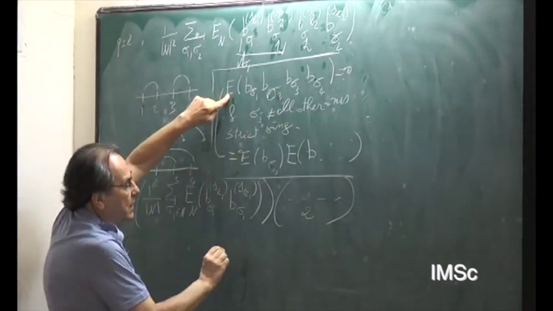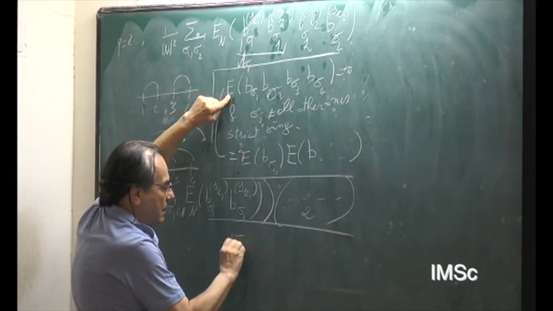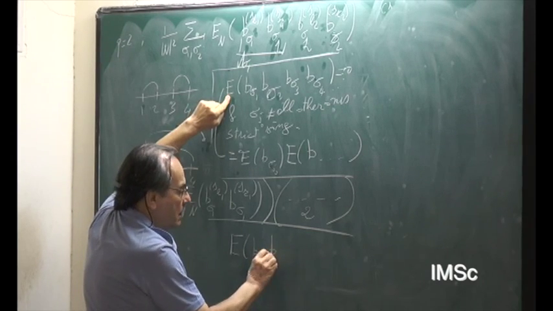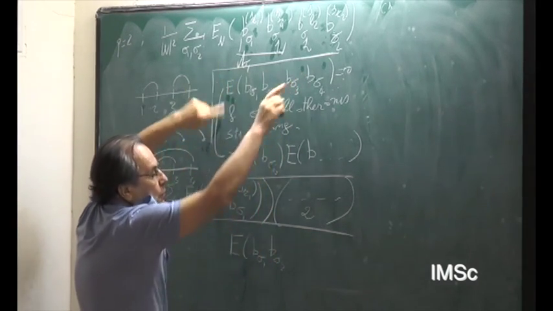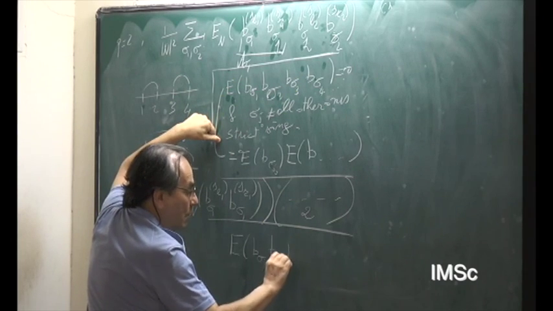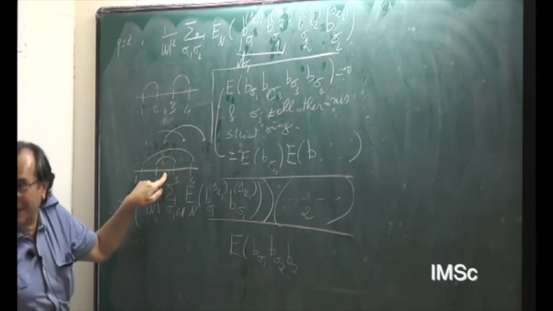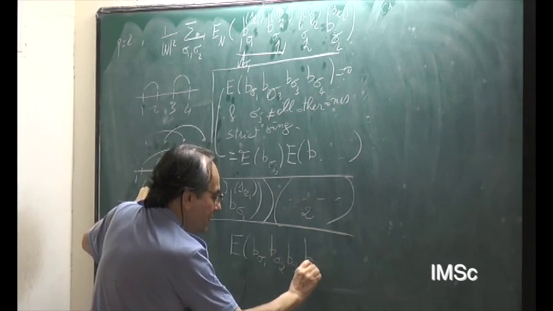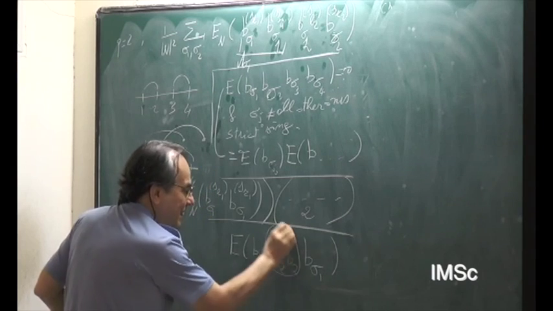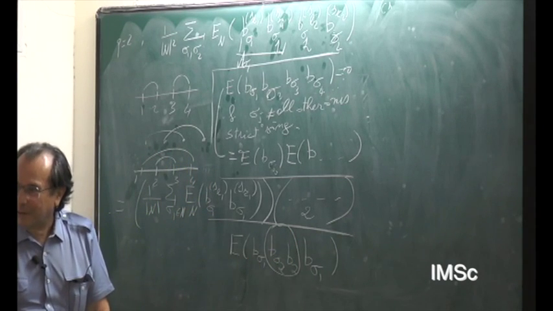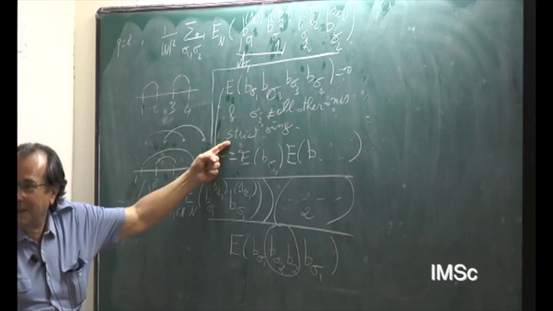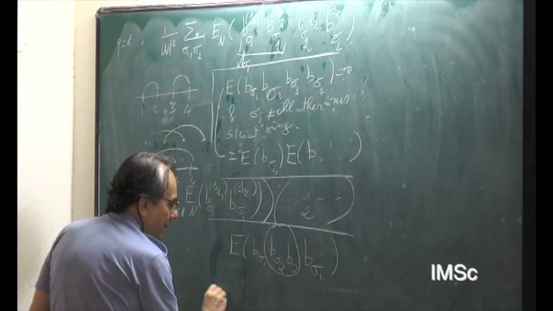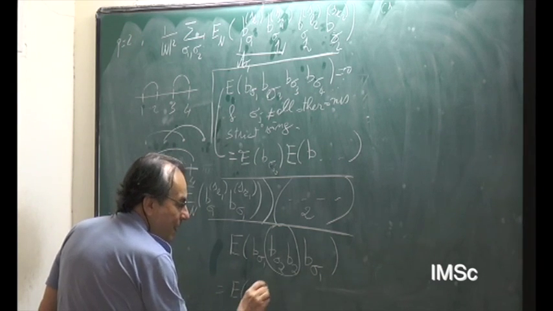This product will be like this: E, B sigma 1, B sigma 2, I omit the superscript, B sigma 2. But here I have again sigma 2 because I am in this situation. And B sigma 1. But this is in the algebra, and this is a singleton. So using a strict singleton condition, I bring out, again factorize. I bring out sigma 2.